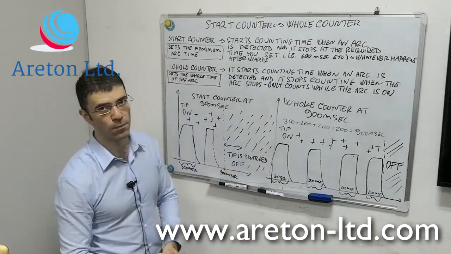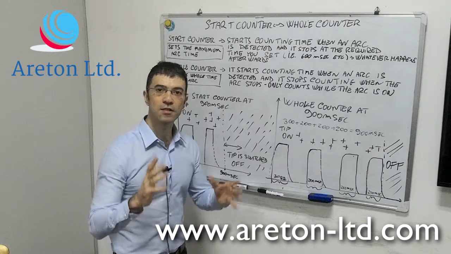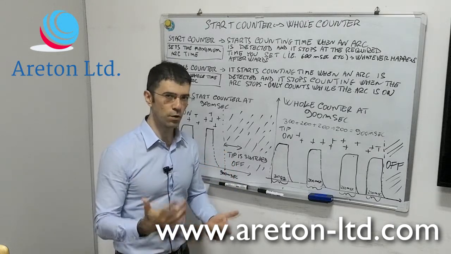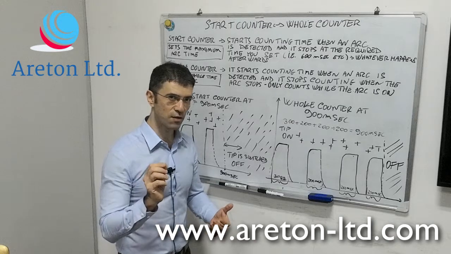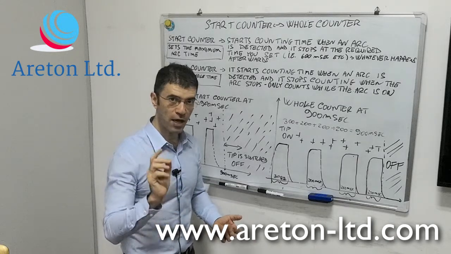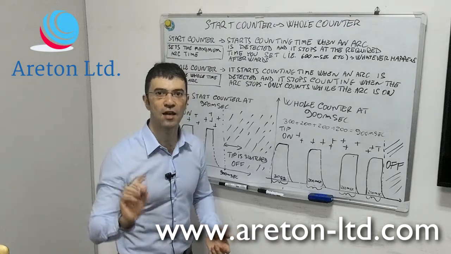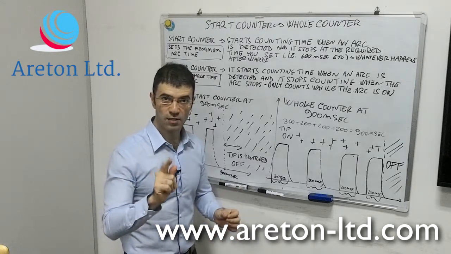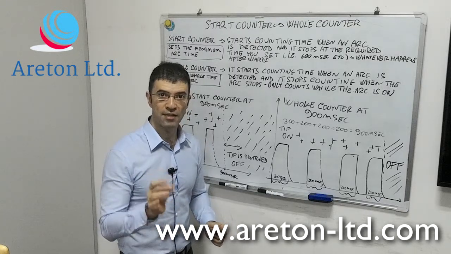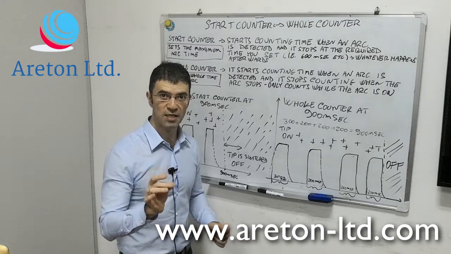Say for example, for talk's sake, you set the start counter at 900 milliseconds. What the device does is wait for an arc to appear, and when the device detects an arc, it will start counting immediately, and it will stop exactly 900 milliseconds after.